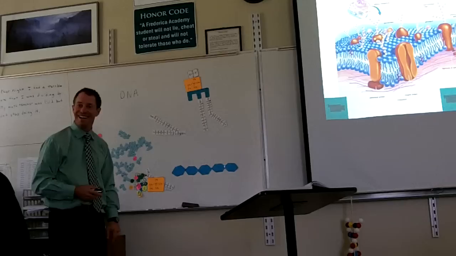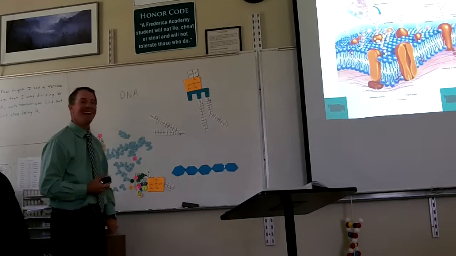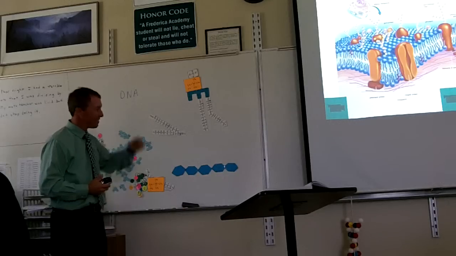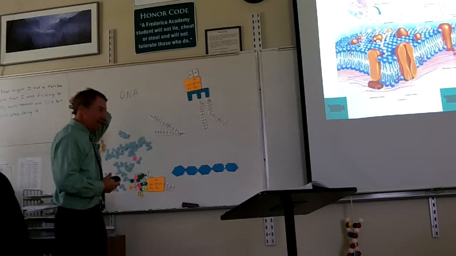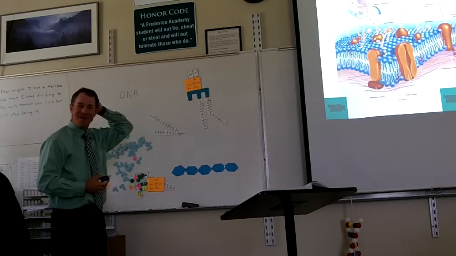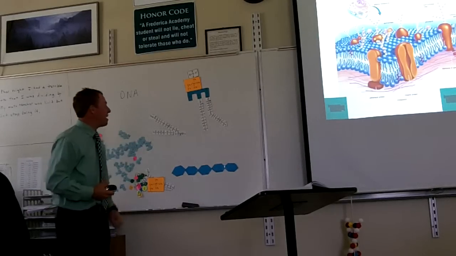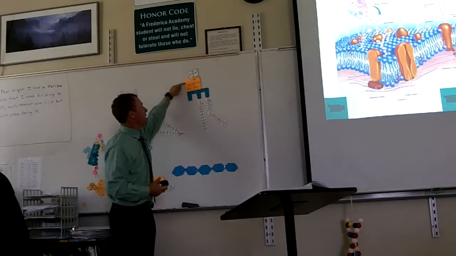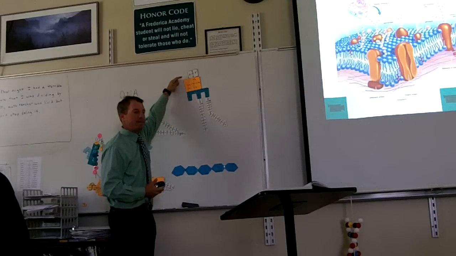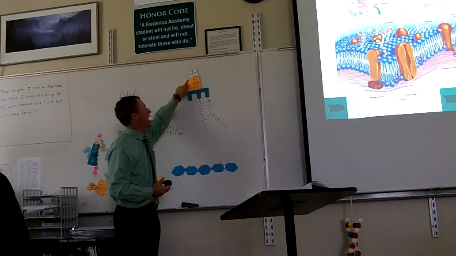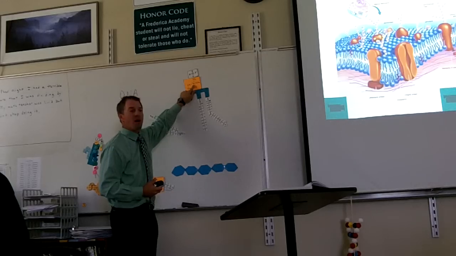You're right. Okay. Now I got a question. Why are the phosphate heads the ones on the outside? What a great question. I was just going to talk about that. Here's the deal. If you look at these 2 groups on the top, the phosphate and this nitrogen group, they are both charged.